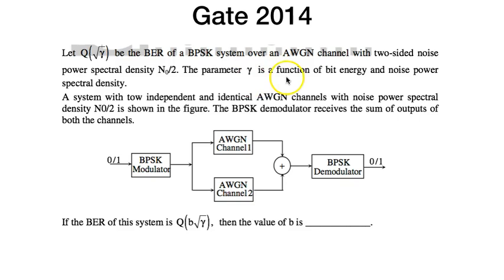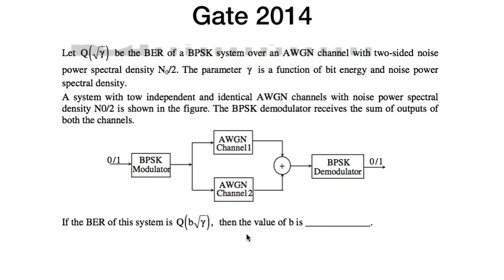The gamma is a function of bit energy and the noise power spectral density. A system with two independent and identical AWGN channels with noise power spectral density N0 by 2 is shown in the figure. The BPSK demodulator receives the output of both the signals. If the BER of the signal is Q of B under root gamma, then the value of B is.